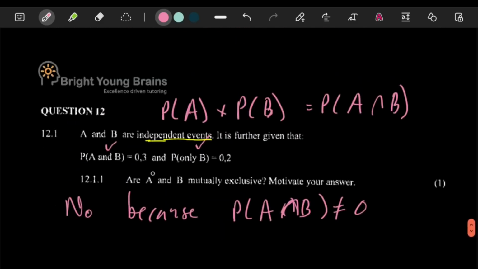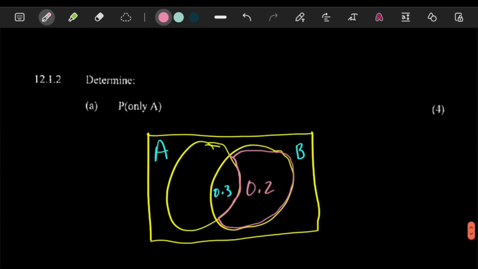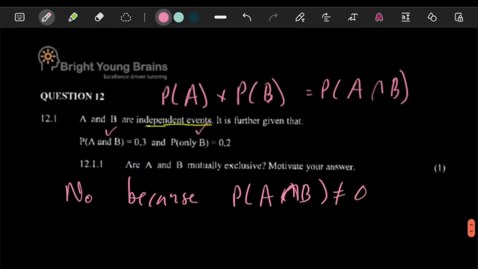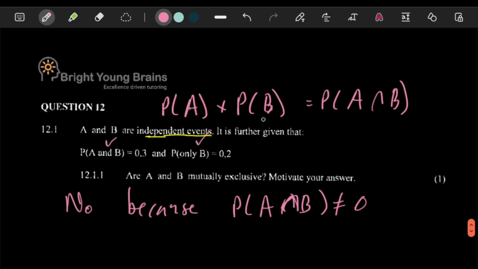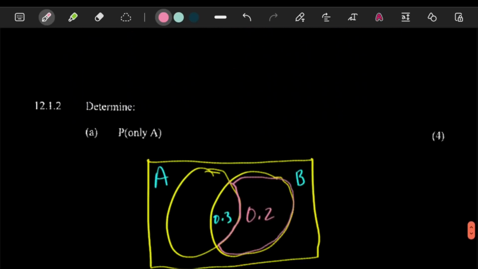So what else did they tell us? They said we should determine the probability of A. Is it really hard? We can just use the formula.